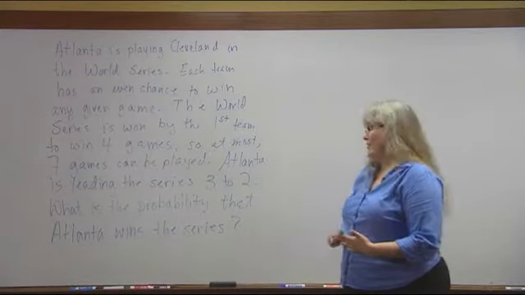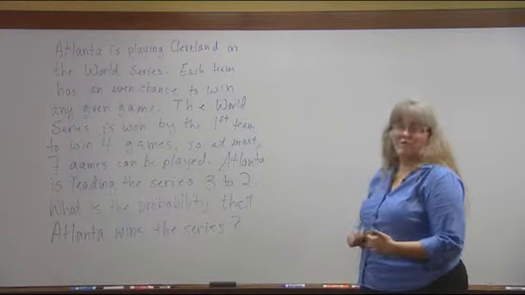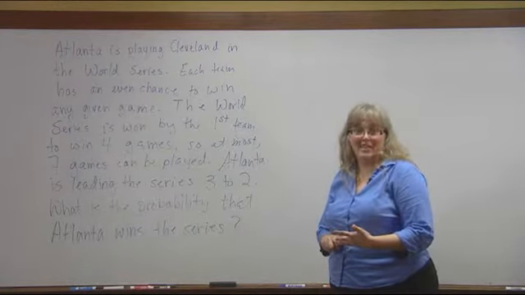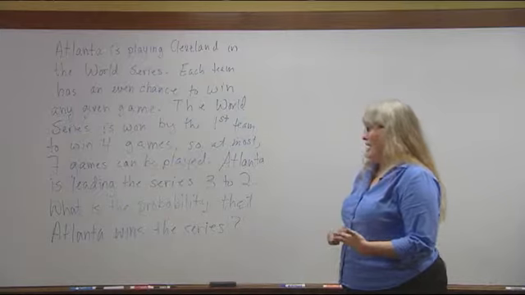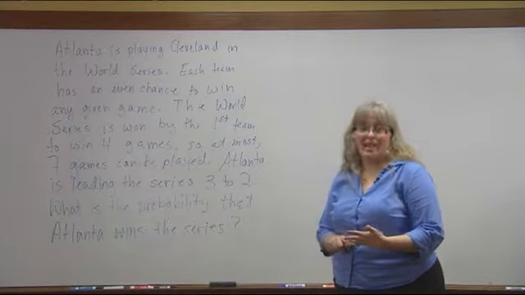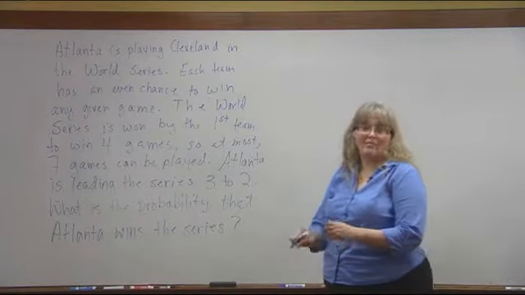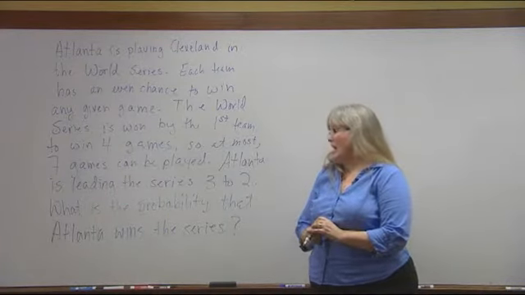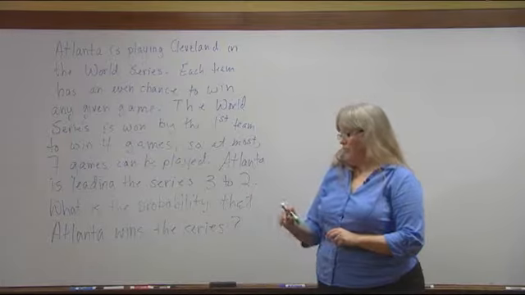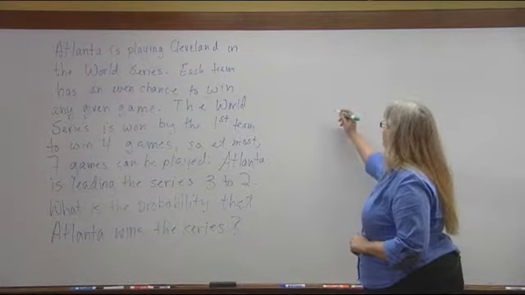So then Cleveland and Atlanta both have 3 games, and they have to go to that 7th game. And then Atlanta would have to win that game in order to win the series. So let's draw out, using a tree diagram, the different possibilities for this scenario. I think that's the easiest way to see this.